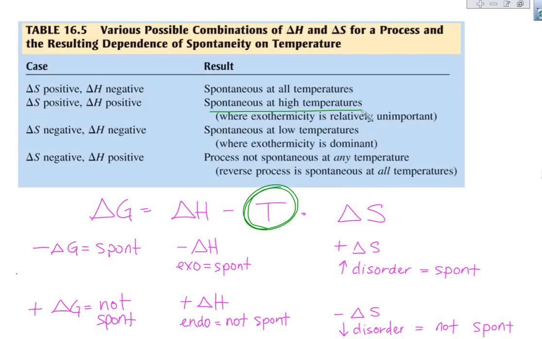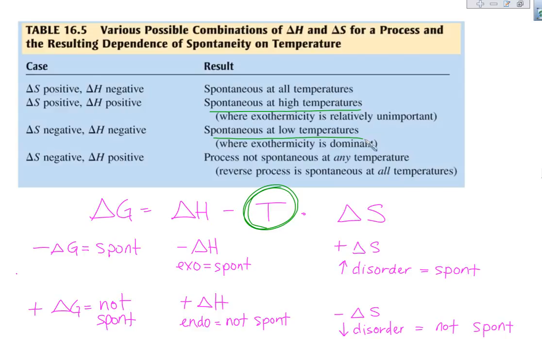Or on the flip side, what if this is exothermic, but we have a negative delta S? We want to keep this quantity negative. So if we have a negative minus a small value here, that should keep delta G negative. So in that case, we would only be spontaneous at low temperatures. So again, this is a very common multiple choice kind of question.